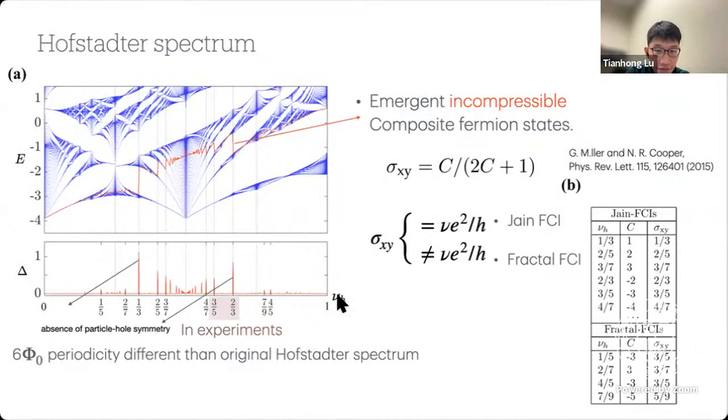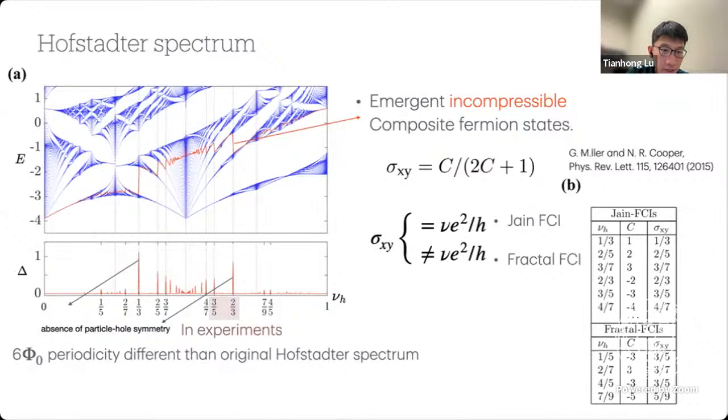So for Jain FCI, to the left of half filling, each composite fermion band carries a Chern number 1. I'm not sure if you can see my cursor. For 1/3 filling fraction, only one composite fermion band is filled, so the total Chern number is 1.